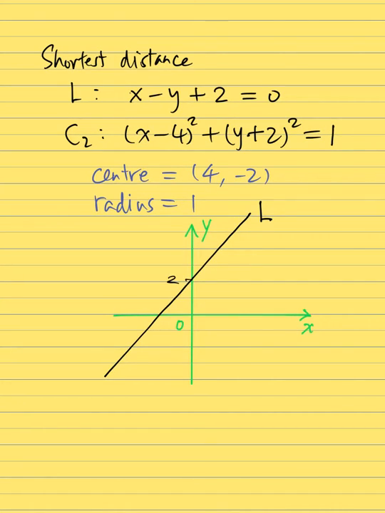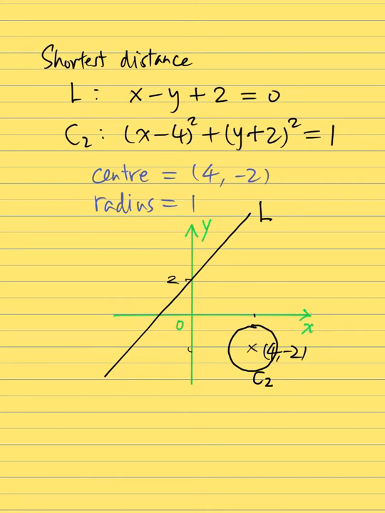For the circle C2, the center is (4, negative 2), which is at this point, and the radius is 1, so the graph of C2 is this one.